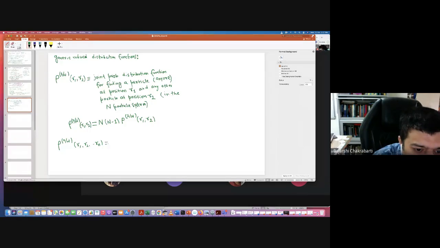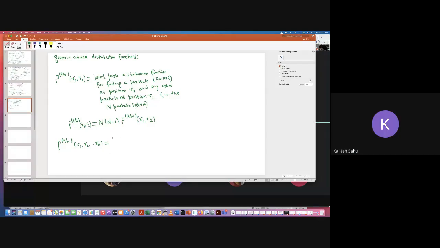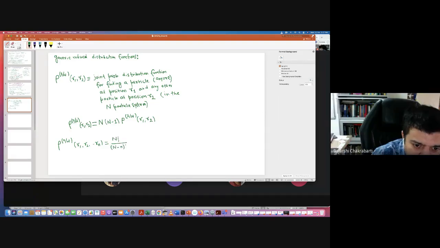And what should I write rather than writing n into n minus 1? What should I write? Factorial n factorial divided by small n factorial? No, it should be n factorial divided by n minus small n factorial, isn't it? Manish, it has to be like this.